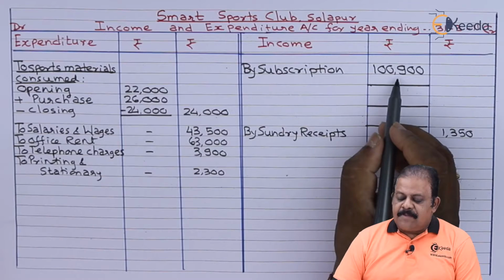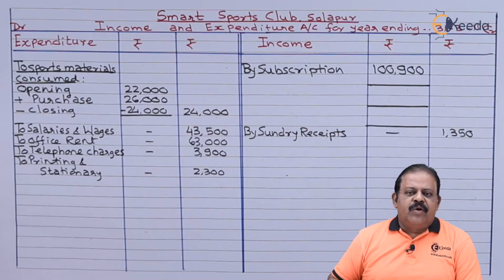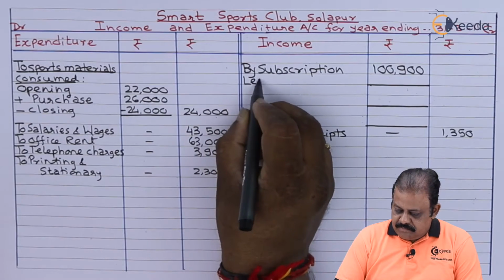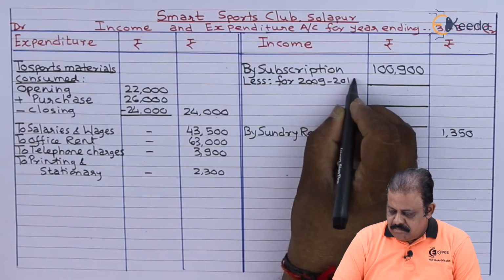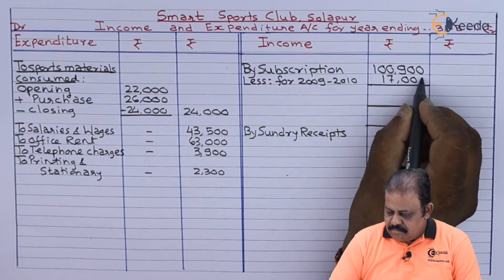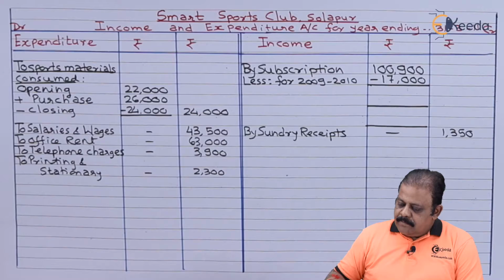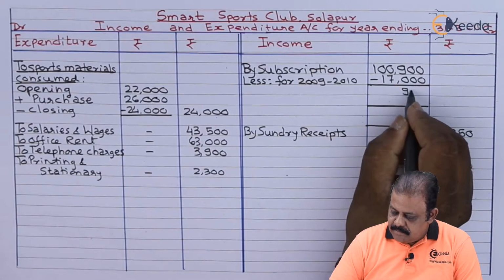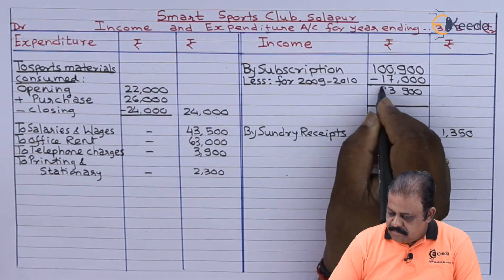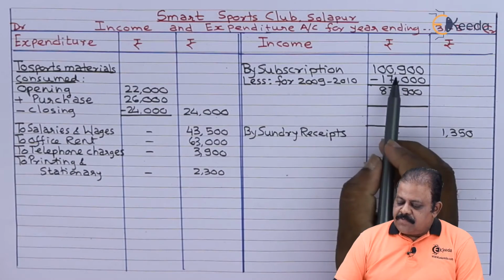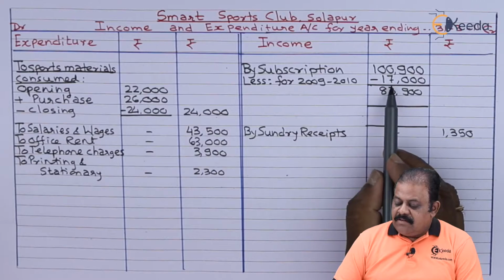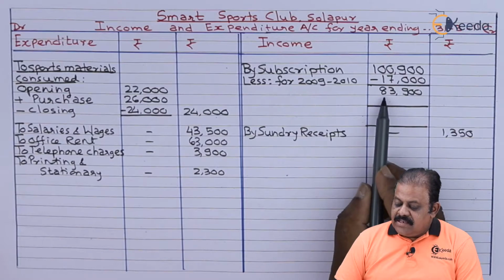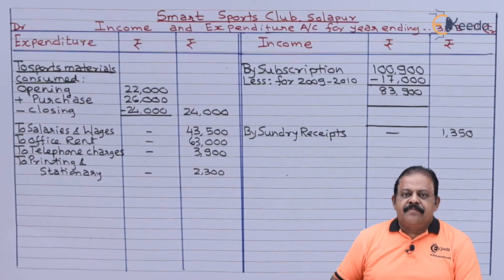So from total subscription received, we are required to deduct this amount received for previous year. Subscription 1,00,000 less received for 2009-10 17,000. So it is now 83,900.